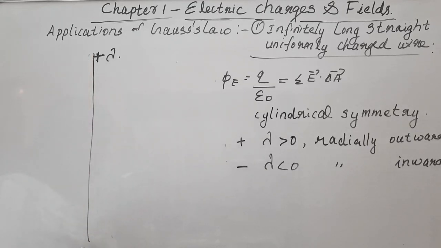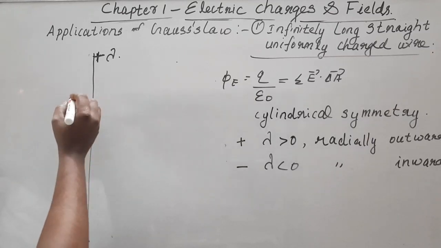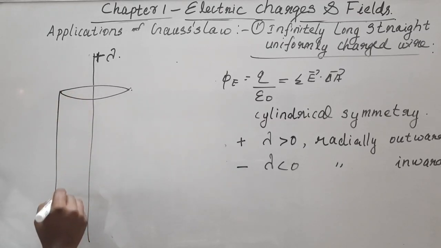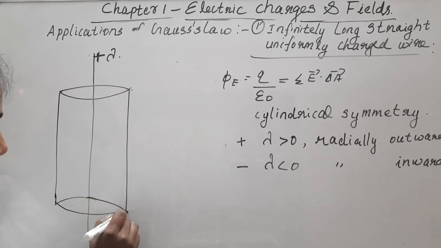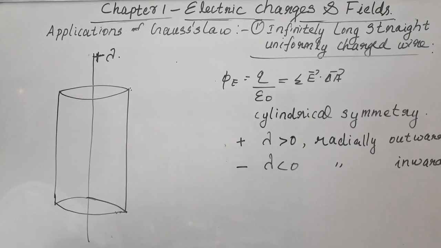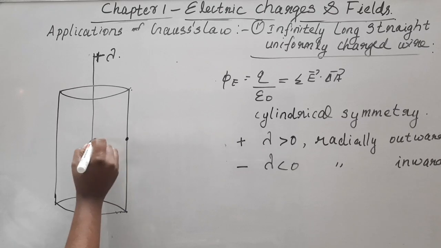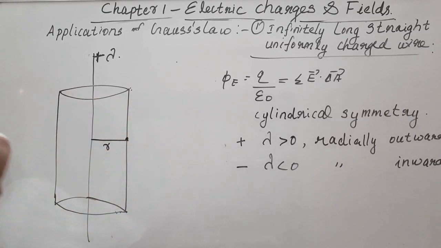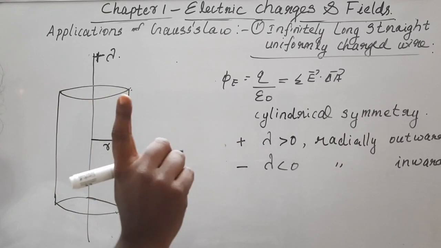Keeping the wire as the axis, you imagine a cylindrical Gaussian surface. So now what I am drawing is the Gaussian surface. It is cylindrical in shape and the wire comes in the place of its axis. Got it? Now at a point P, the radius of the cylinder is R. Actually that R is the distance of the point P at which we are supposed to find the electric field.